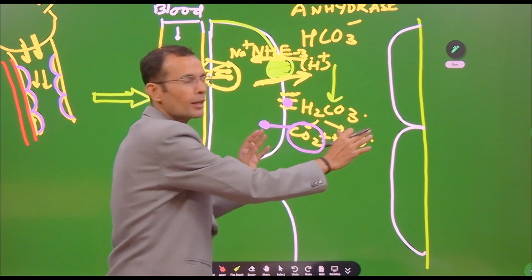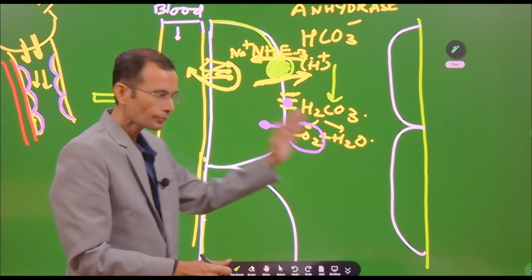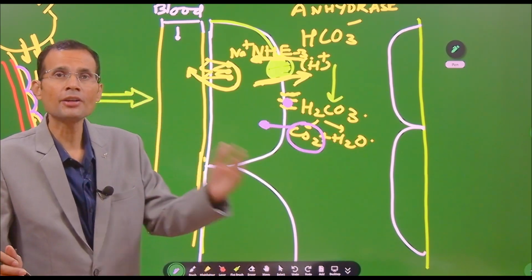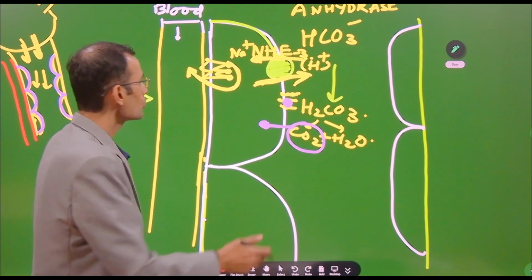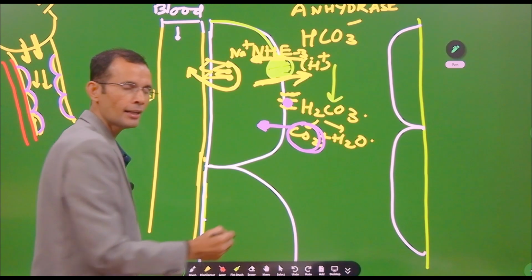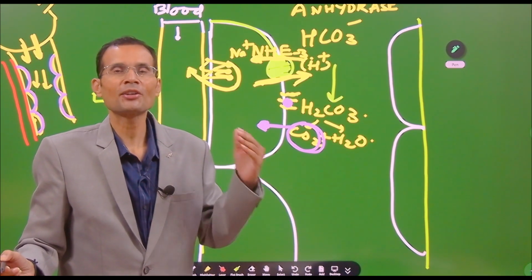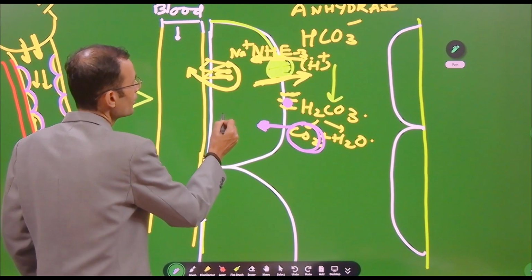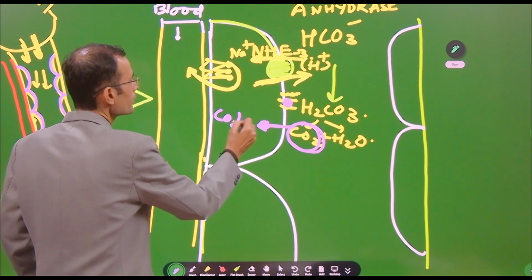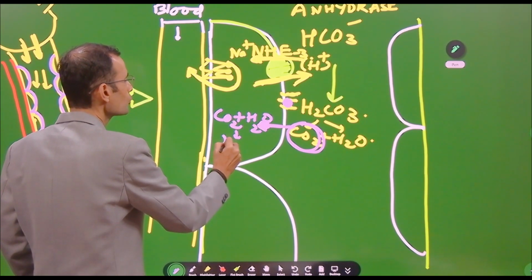It is separated from the H2O. That means it is dehydrated. That is where the name anhydrase, carbonic anhydrase, comes from. So CO2, dehydrated, enters the cell and it is again rehydrated inside the cell. That is, CO2 plus H2O converting again into H2CO3.